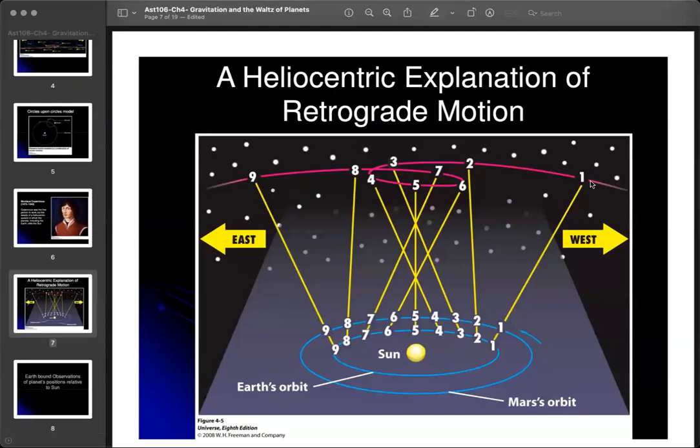So if you imagine that the description of the universe is heliocentric, the sun is at the center, then you can easily explain in a very logical manner how this retrograde motion would happen. And this is a very, very important point.